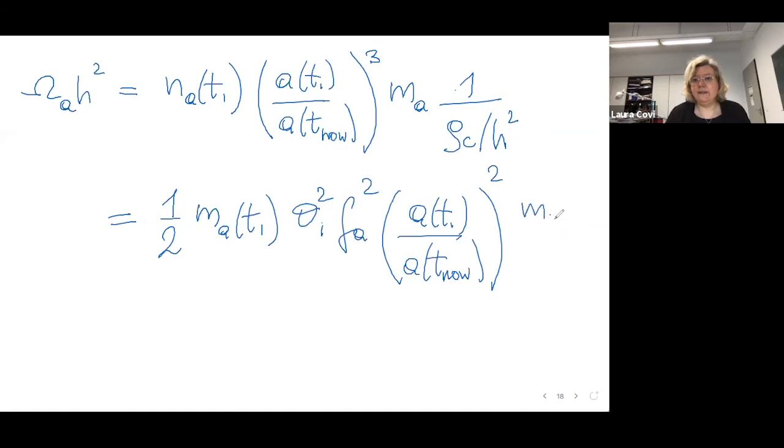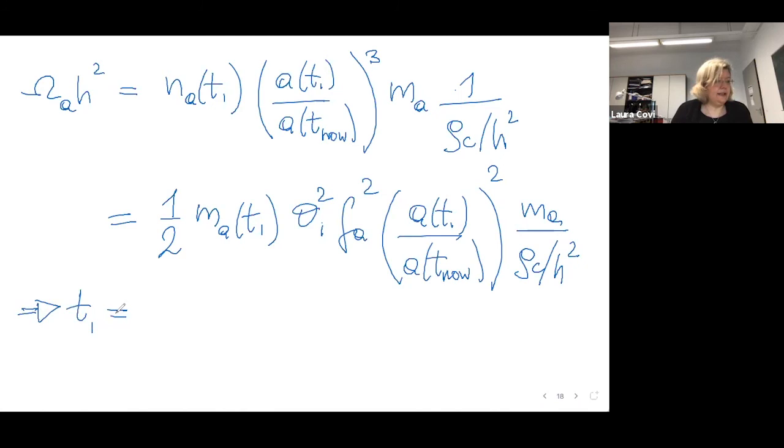And then the mass divided by the critical density over H squared. And now this a of T1 is again connected with the time where the mass is equal to the Hubble. So I can use the expression for that, which in principle gives me this particular time.